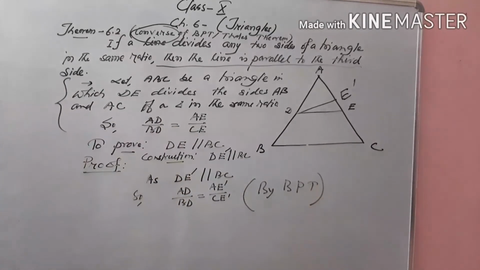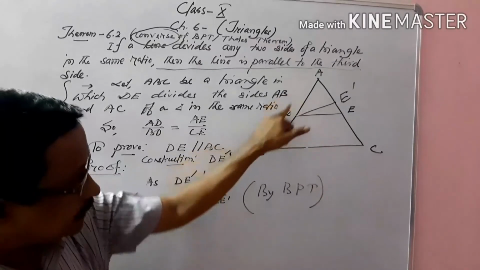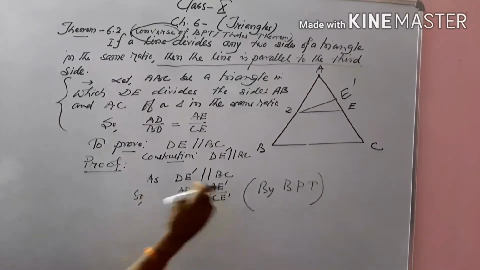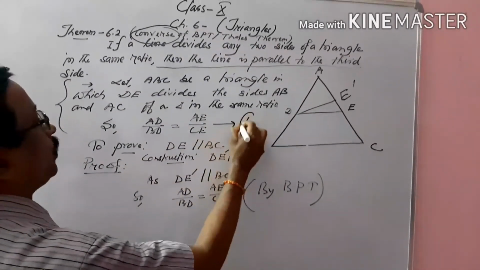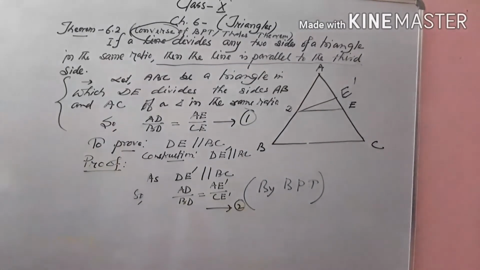We know that the parts are in the same ratio. So whatever is given, that equation is 1, and this one we consider equation 2.